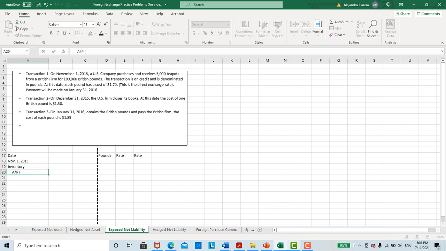We're going to put an FC inside the payable because it is denominated in foreign currency. Foreign currency is pounds. We'll get the rate there, and each pound is going to be worth $1.70.